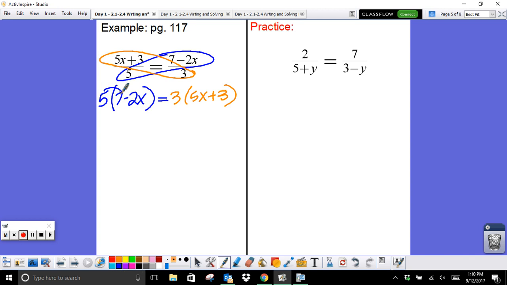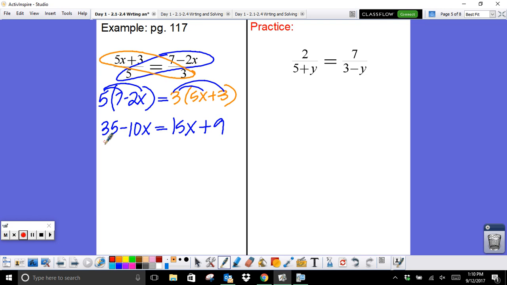Okay, so I'm going to distribute my 5. So I have 35 minus 10x equals 3 times 5x is 15x. 3 times 3 is 9. And now I just keep working through this. So you choose if you want to get your x's together. I would always get your x's together first.